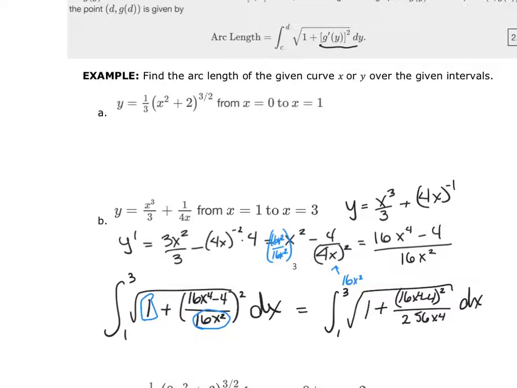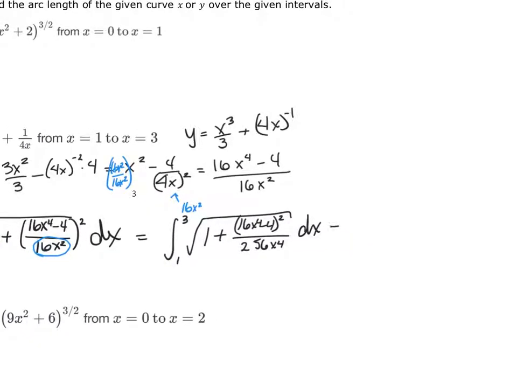So then dx. So this is going to be equal to the integral from 1 to 3. Now, it's really terrible. I can't really see that. Let me see if I can clean this up a little bit in here. So that's going to be 16x to the 4th minus 4, the quantity squared there. That's a little bit better. So I'm going to factor this out so that I make this over the same common denominator.